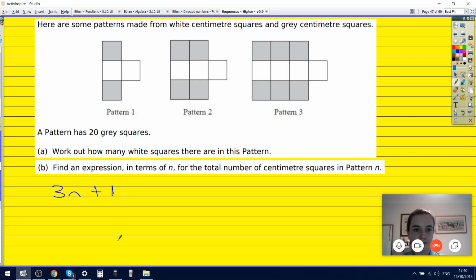So then 3 times 20 plus 1. Hold on. Will pattern 20 have 20 gray squares? Oh. No. So just be 10. Yeah, 10. Mm-hmm. Oh, plus 1. So then 11 white squares.